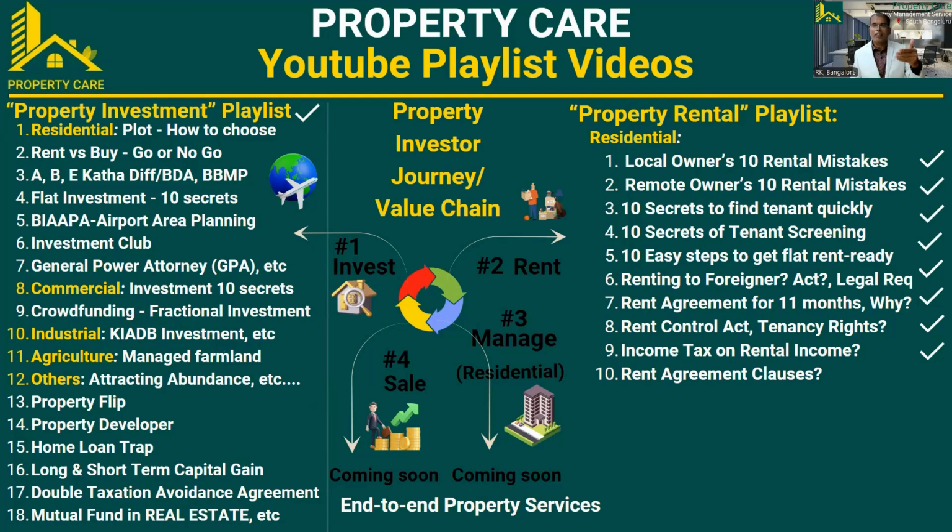I'm capturing different investment avenues so you can understand them and diversify your funds across them. I'm discussing only real estate, not gold or stocks much. Mutual funds I also discuss with respect to real estate.